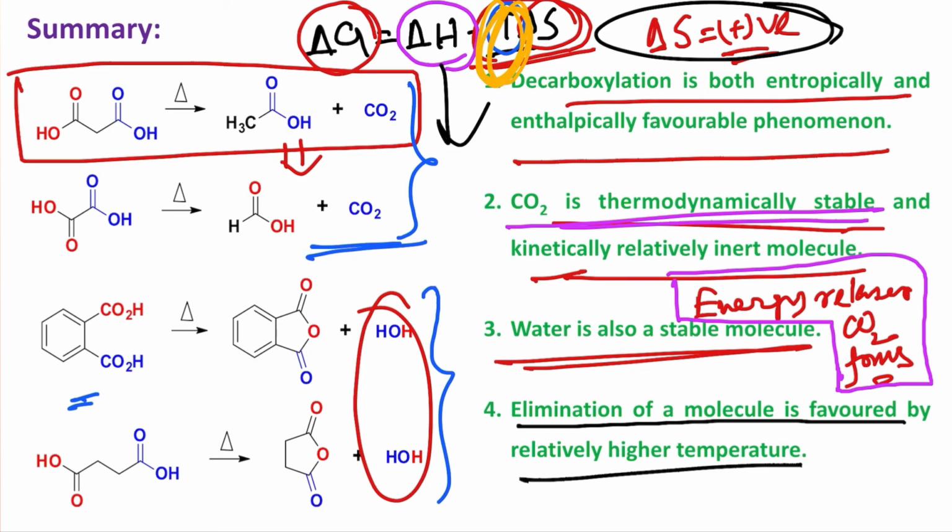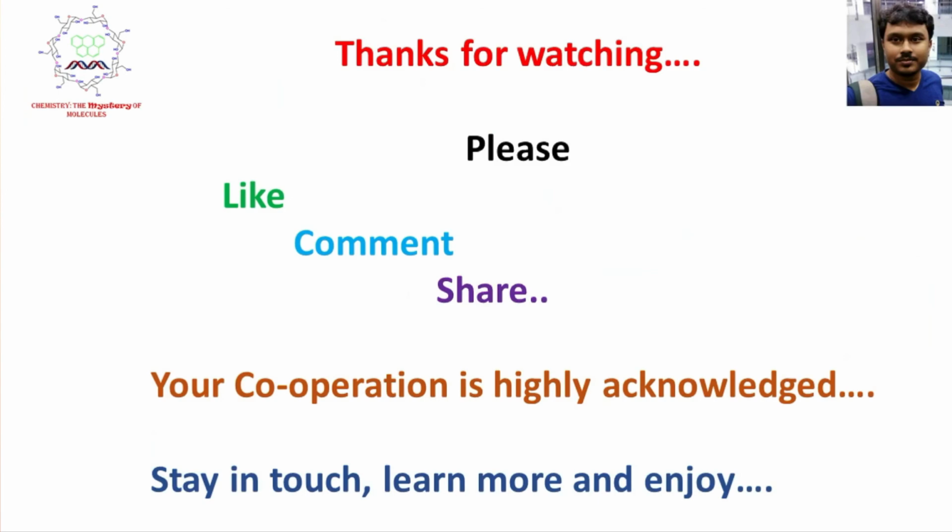So if T increases, delta G becomes more and more negative, and that is the condition of spontaneity. Consequently, elimination of a molecule is favored by relatively higher temperature, and since delta S is positive, delta G becomes even more negative. So this is the overall discussion.